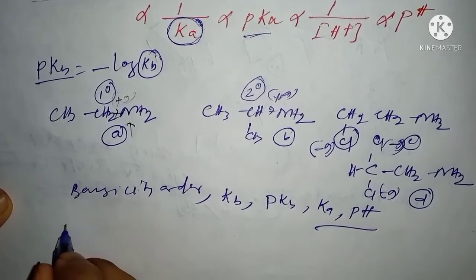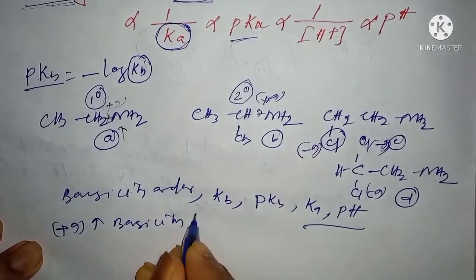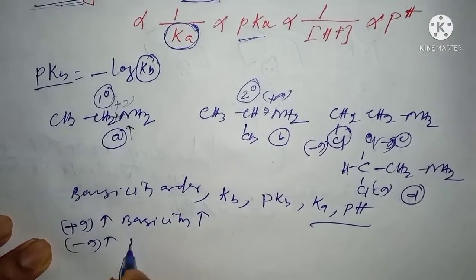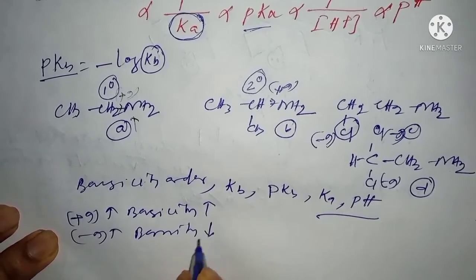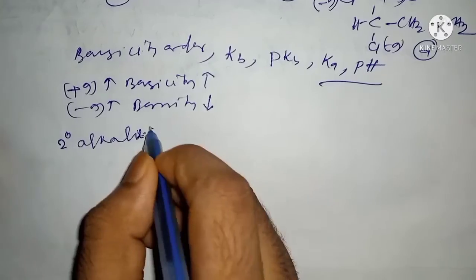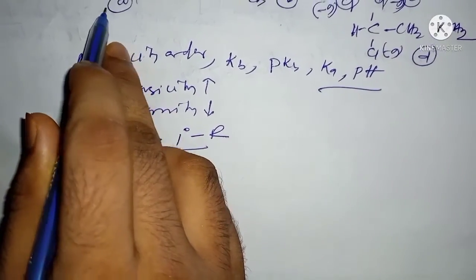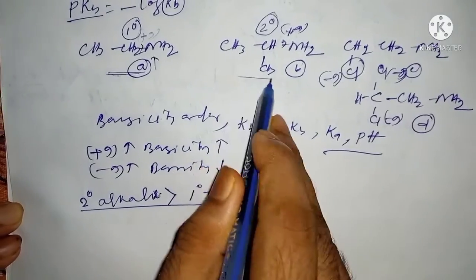First I discuss: as plus I effect increases, basicity increases; as minus I effect increases, basicity decreases. Now the 2 degree alkyl group is greater than the 1 degree alkyl group. So this is a 1 degree alkyl group and this is a 2 degree alkyl group.